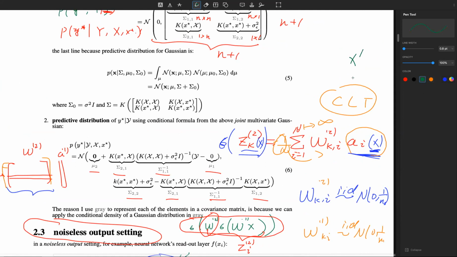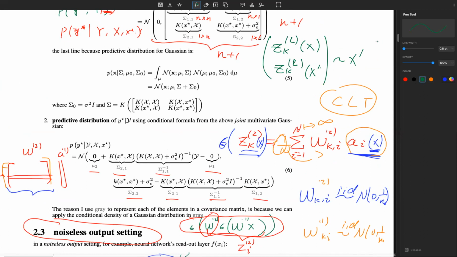So therefore, your Z_k in layer L of X and Z_k of L of X prime are jointly distributed from a Gaussian distribution. And here you go, that's a Gaussian process.